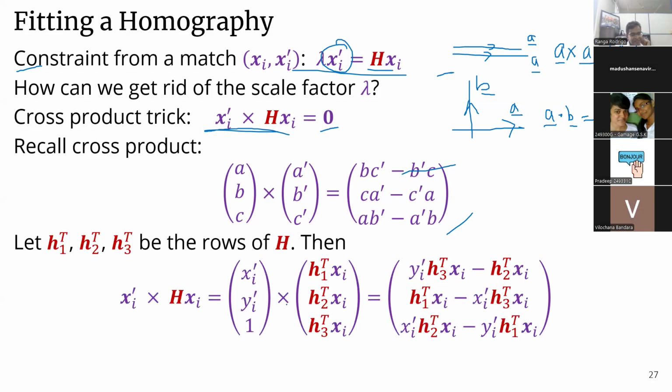In this case, you can see we had to do slightly complicated manipulations here. So this H, you have to take as first row times x_i, second row times x_i, third row times x_i. You know that H has three rows, right? This number, this number, and so on. And here you have x_i, y_i, and 1.